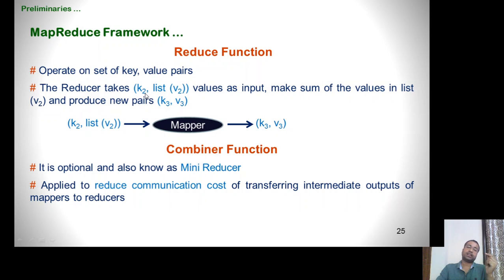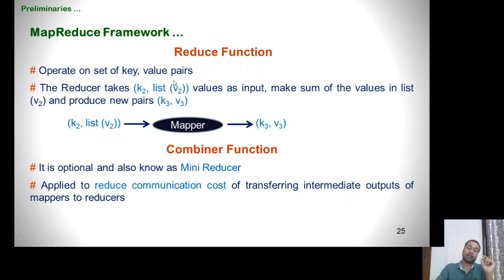So if the key is K2 and the value is V2, then for the key value pairs having the same key, their values will be collected in one place. All the values V2 having the same key K2 will be listed in one place.